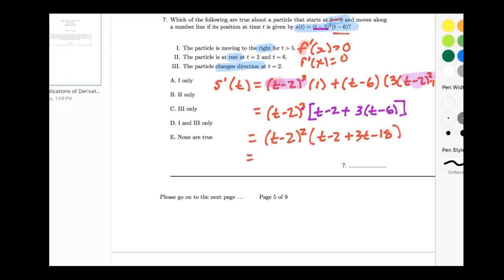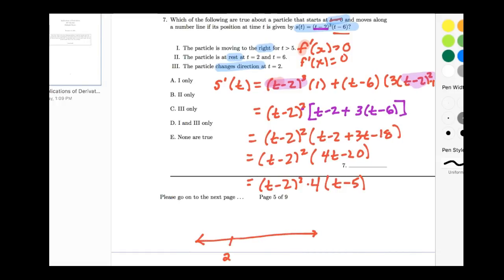So that becomes t minus 2 squared times 4t minus 20, which is now t minus 2 squared, factor out the 4, and you get t minus 5. Oof.